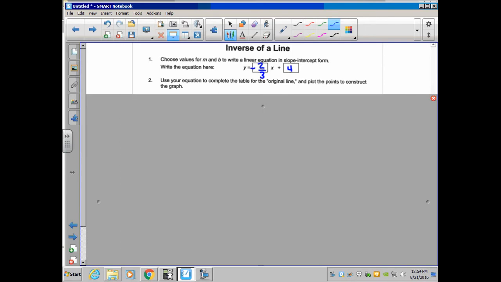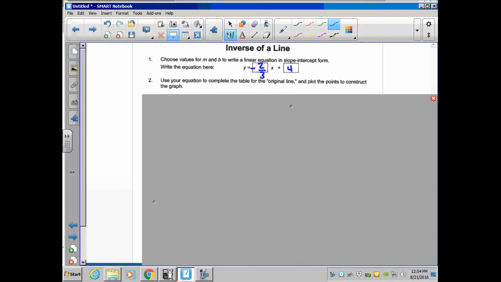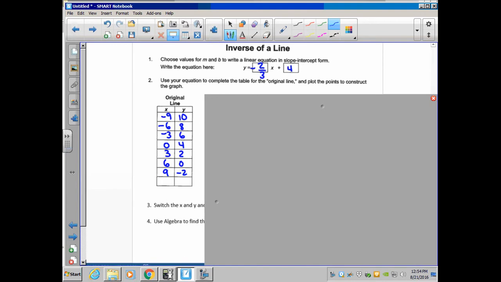One thing you can do is go into your y equals and type in -2 divided by 3 x plus 4, and then do the second graph button and it will come up with a table. Looks like my windows are set up. I'm only going to pick a few of those points, the ones that are whole numbers. So I chose these points right here.